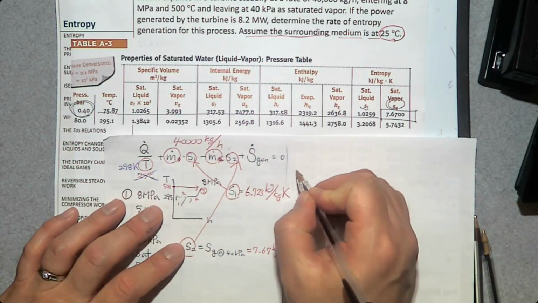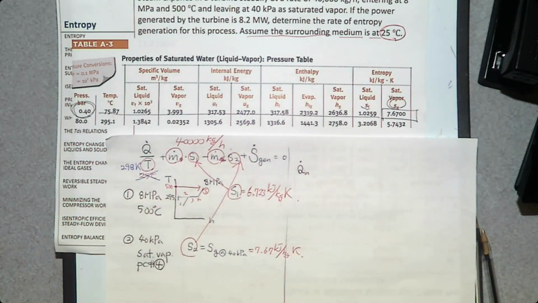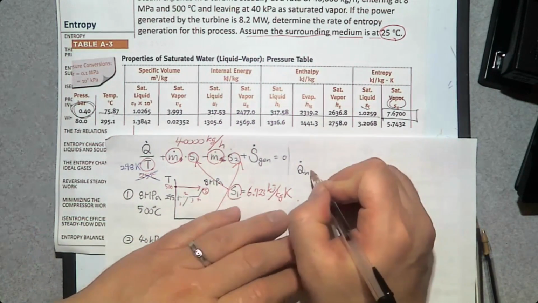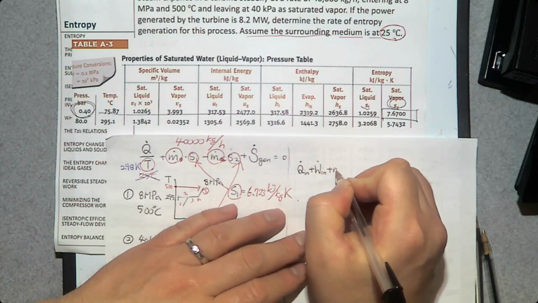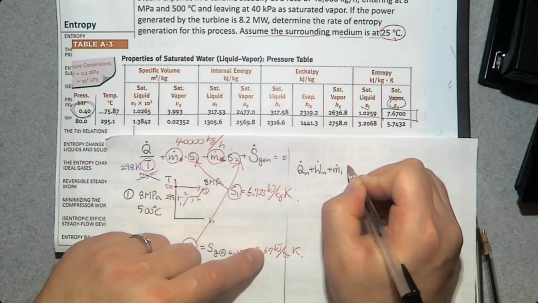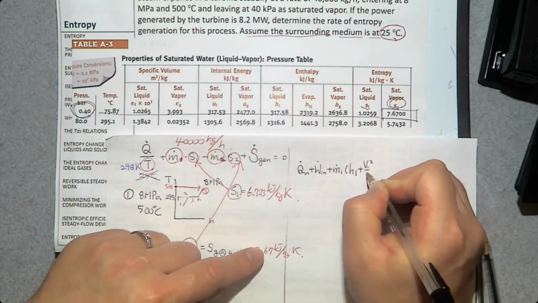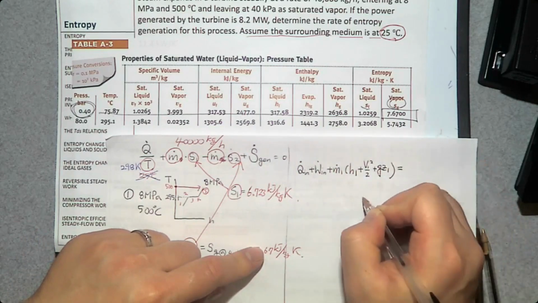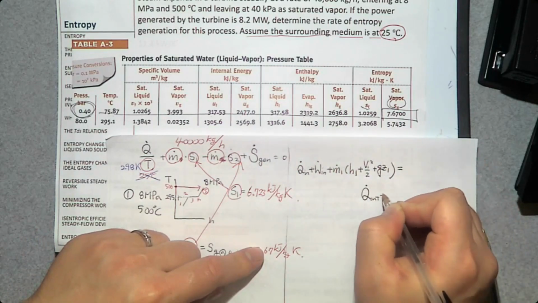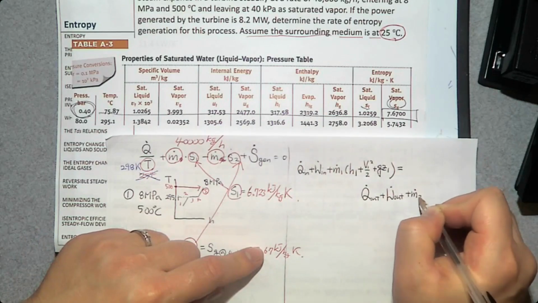What is that energy balance equation? Q dot in, it's going to be long, so let me sit down. Q dot in plus W dot in plus m dot at the inlet number 1, this one has specific enthalpy, kinetic energy, and potential energy, is Q dot out plus W dot out plus m dot at the exit number 2.